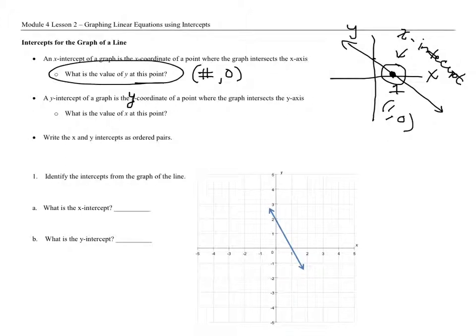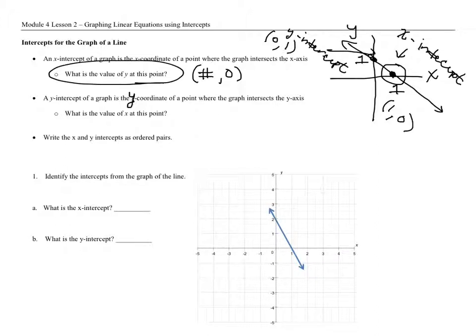So let's call this the number 1 as well. This would be the y-intercept, and we could name that point (0, 1).